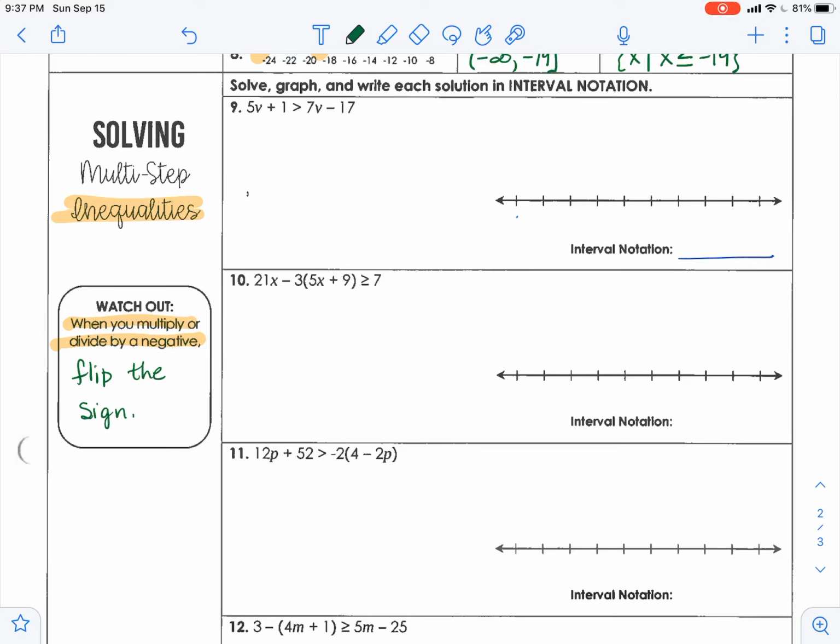So I am going to move my 1. Greater than 7v minus 17. I'm going to move my 7 over.